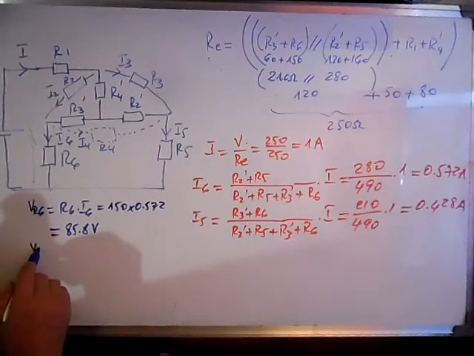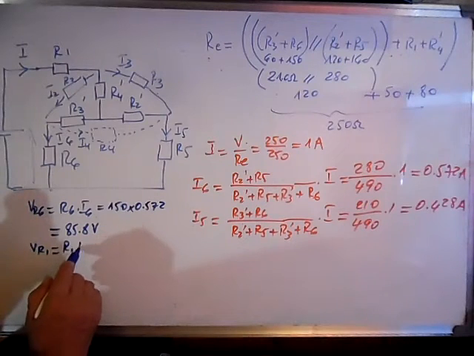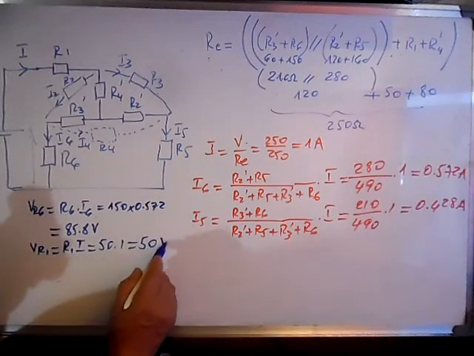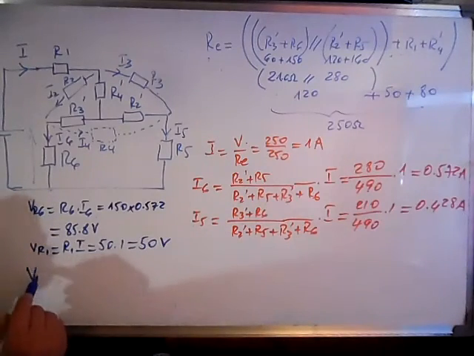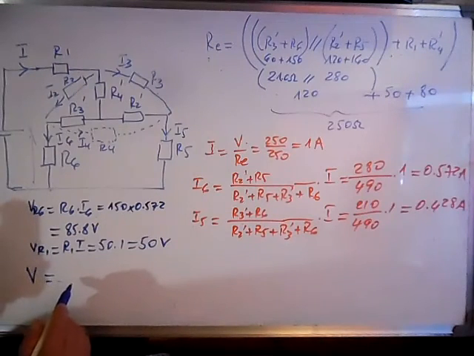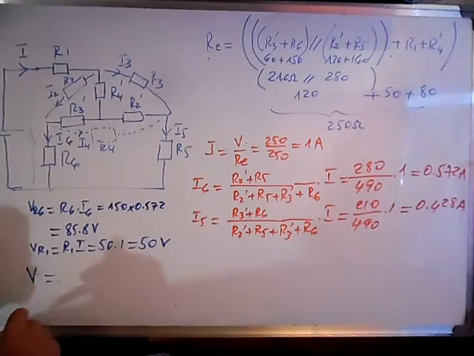VR1 is equal to R1 times I. It's 50 times 1, it's 50 volts. So we are going to calculate VR2.